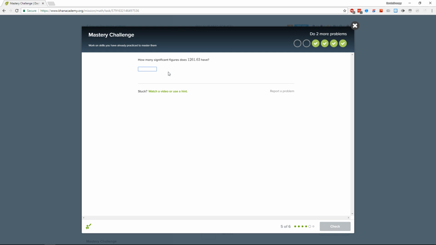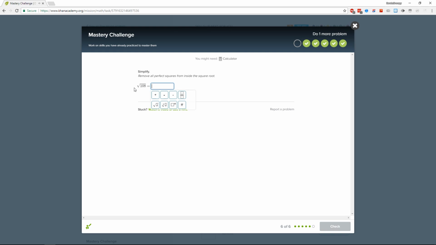How many significant figures? 6. Remove all perfect squares.